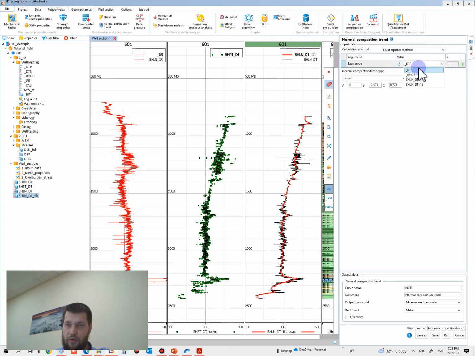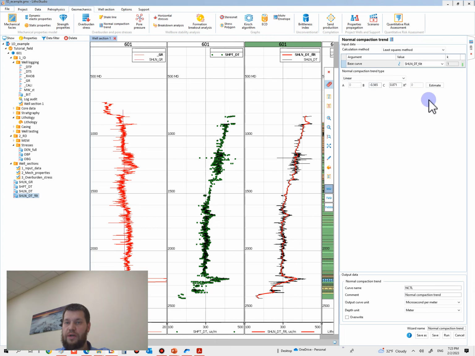As the base curve, let's take Shale line DT filter. And I prefer to check the coefficients of linear, square and log trends.